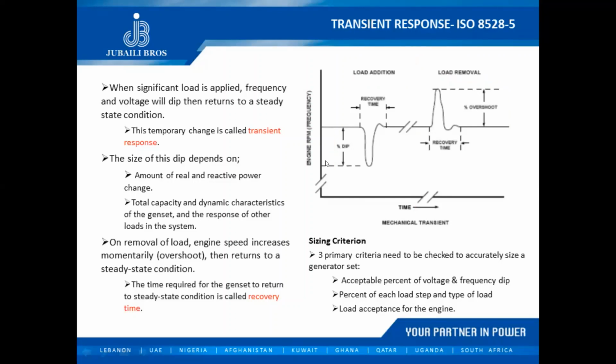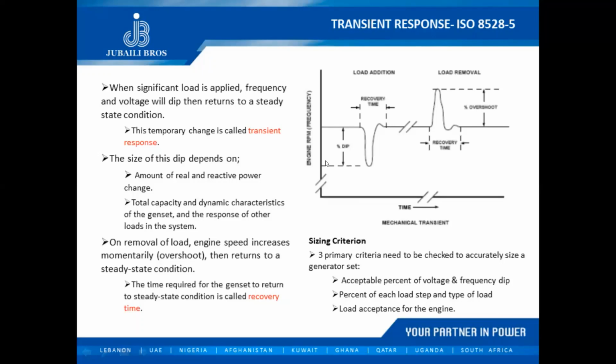Back to this, we were saying that there are three different governing classes, G1, G2, and G3, G3 being the most stringent. And what did ISO do with these classes? They actually define the maximum allowable transient response. So the maximum allowable dip and the maximum allowable overshoot and the minimum recovery time.